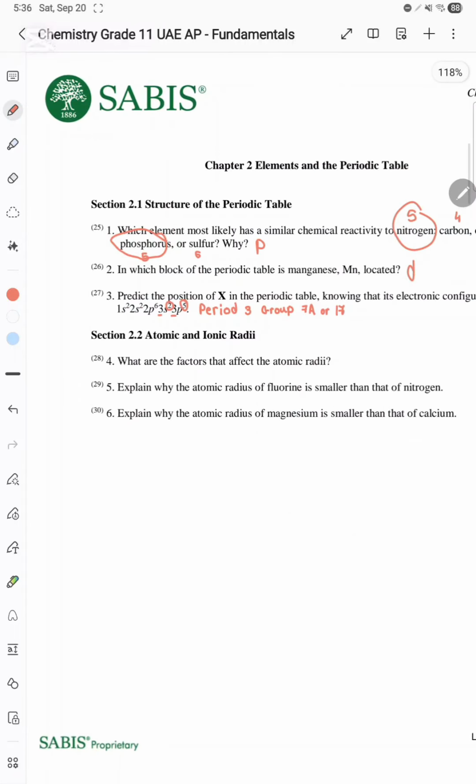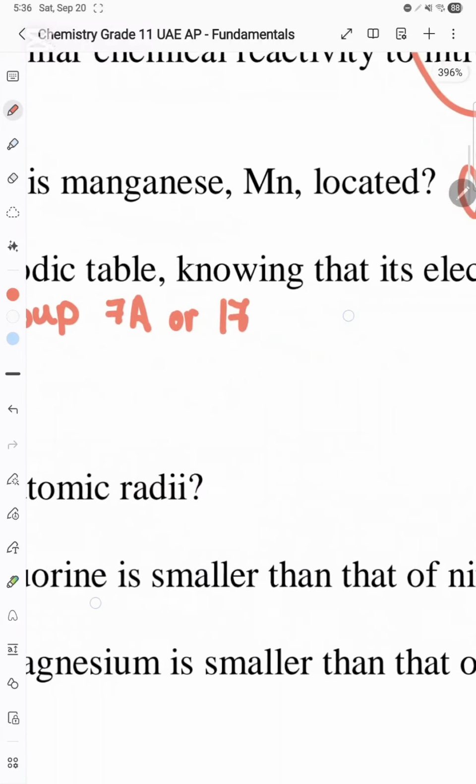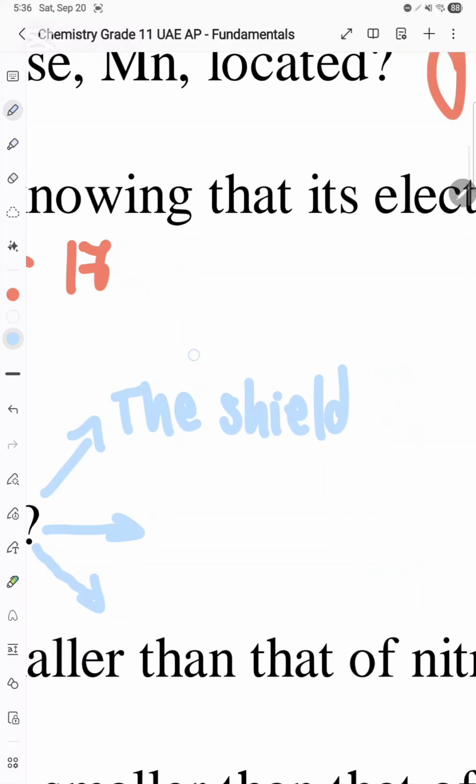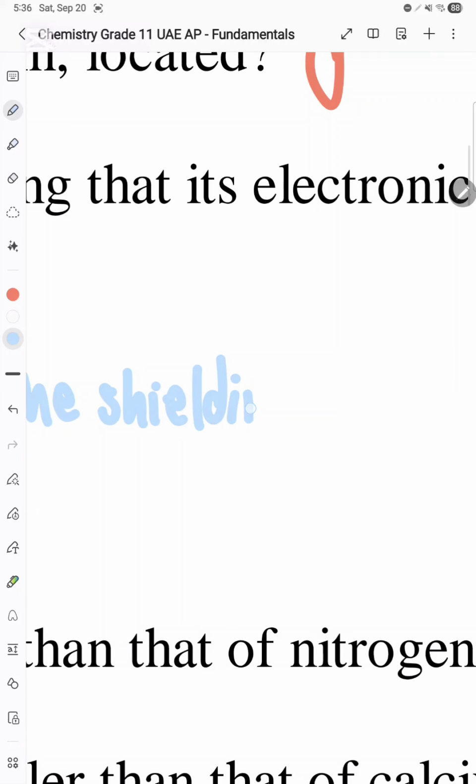Now, what are the factors that affect the atomic radius? The factors are 3. I'm going to put 3 arrows to explain: 1, 2, 3. The first one is the shielding effect. The shielding effect is the effect of the extra energy levels.